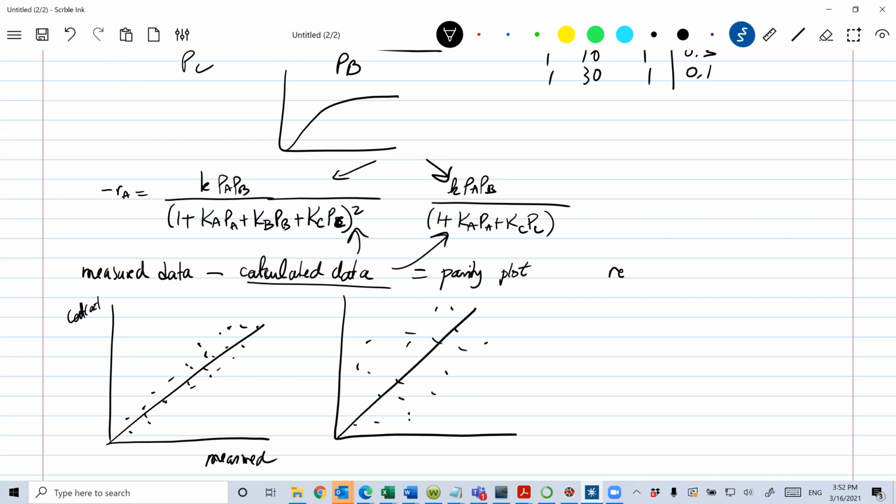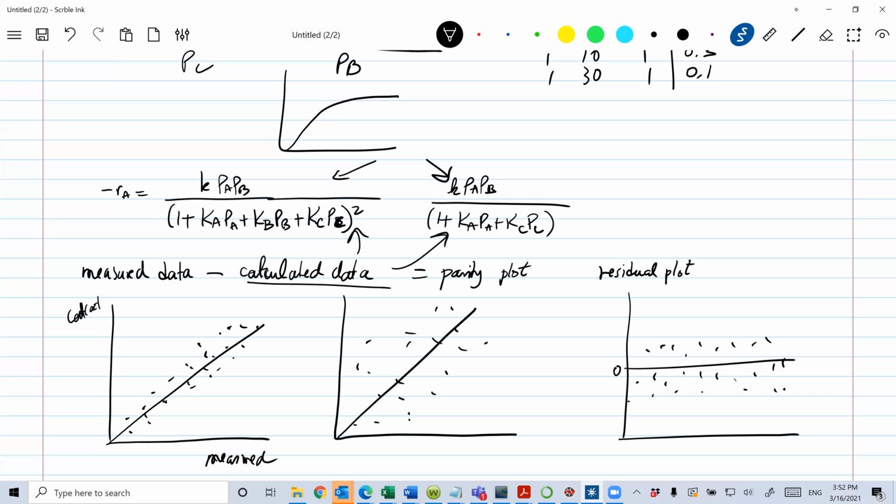Similarly, you can have a residual plot, where you basically plot the difference between them. So you can plot what you measured versus what you calculated, or you can plot the difference.